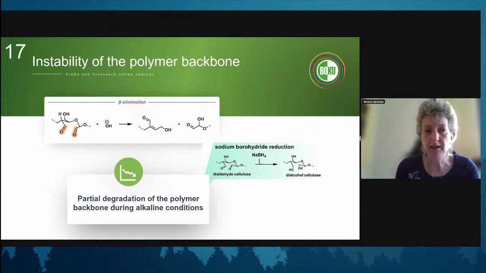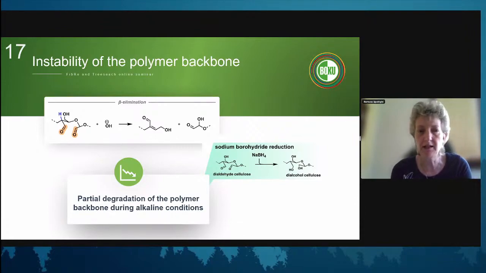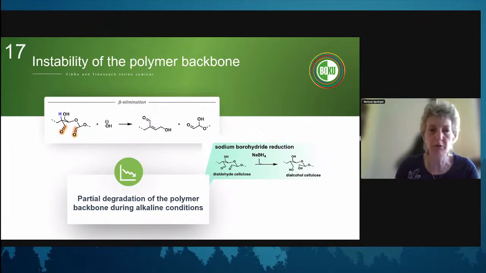And beta elimination is something which is, I would say, unique to cellulose. Beta elimination just means that if we have a keto group, either at C2, C3, or C6, we split the adjacent glycosidic bond beta to that keto group. No matter where that is in our anhydroglucose unit, we split a bond either left or right of our anhydroglucose unit. And this happens not only for periodate, this happens for every keto group.